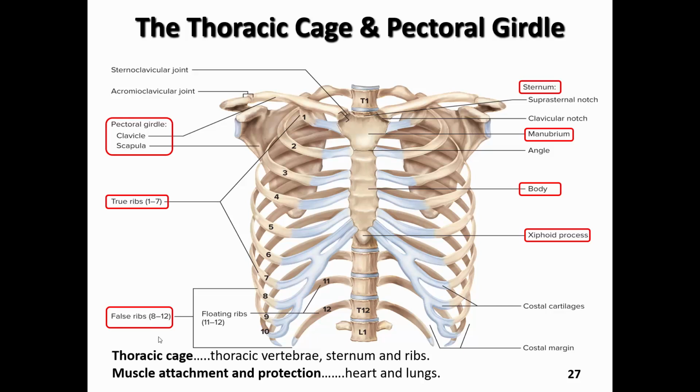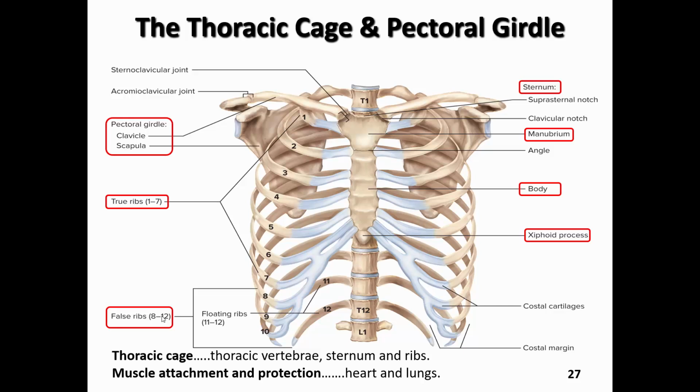The lower 2 ribs of the false ribs, 11 and 12, as you can see here on this picture, are called the floating ribs. Although they do have a cartilage portion at the very end, they do not even have an indirect attachment to the sternum.